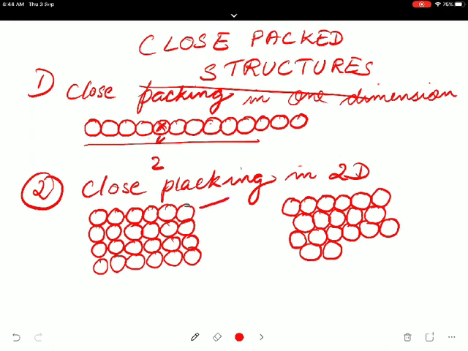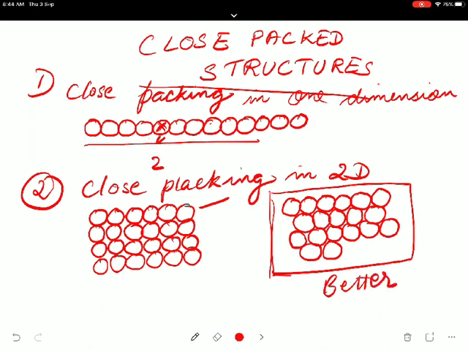In this case, second row atoms are kept right below the first row, but here the second row is a little bit displaced so that maximum space is utilized. Now, when I place the second row in the depression of the first row, maximum place is utilized. This is a better packing in 2 dimension.